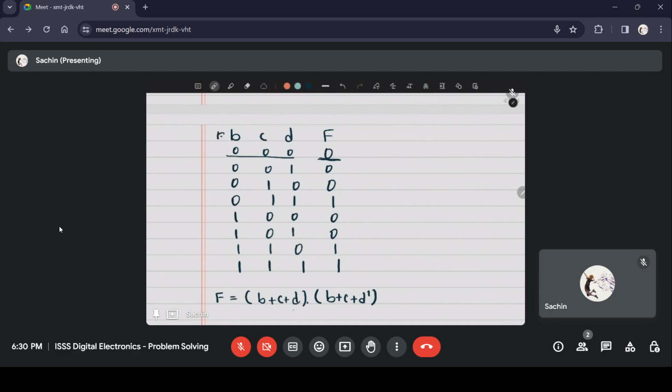So you have B, C, D. If in the input combination you have a 0, then corresponding to that variable you have the uncomplemented form. Since all of B, C and D are 0 in the first input combination, you have B plus C plus D. All of them are uncomplemented. In the second term, D is 1, so D will be complemented. B plus C plus D prime.